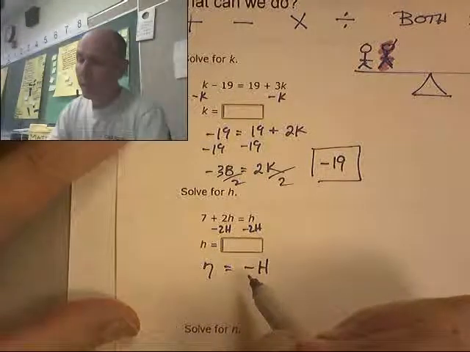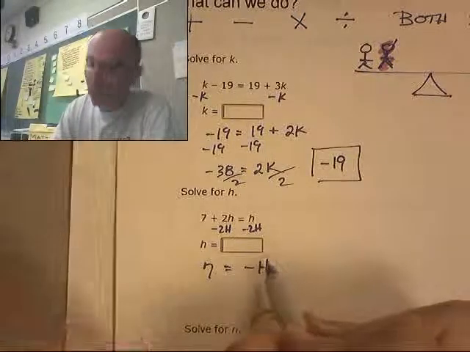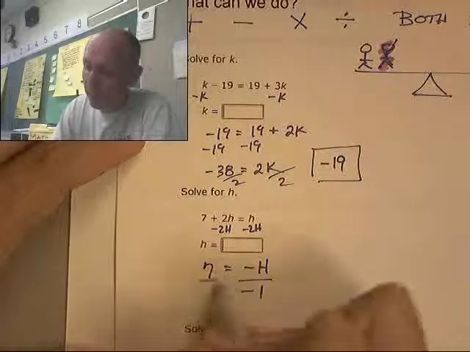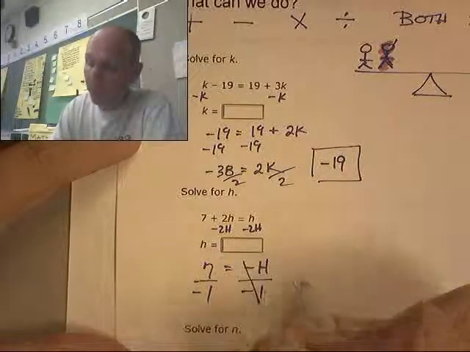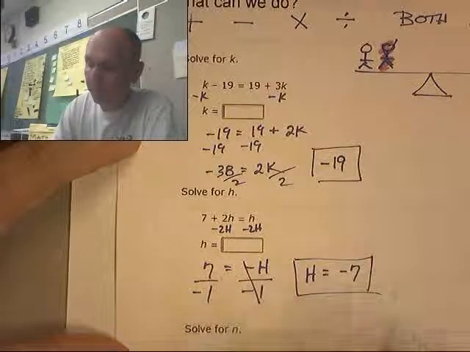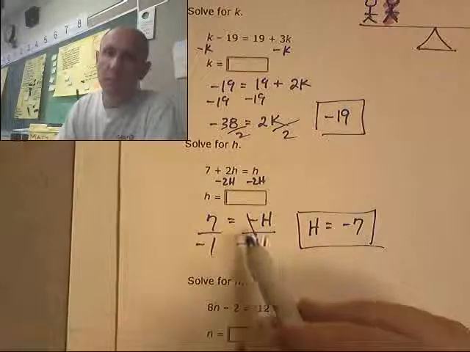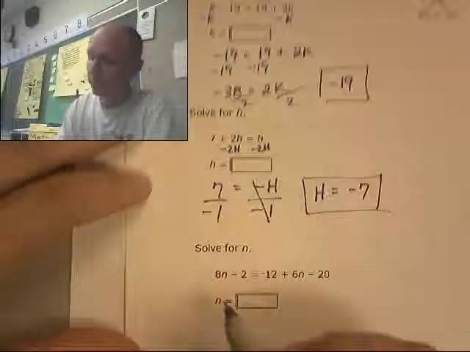Well, this is still not solved. Negative h. I have two options. I can either divide both sides by a negative 1, and that's what I'm going to do, or I could have multiplied both sides by a negative 1. The negatives cancel. h equals negative 7. Make sure you don't leave an answer with a negative h or a negative x equals something.